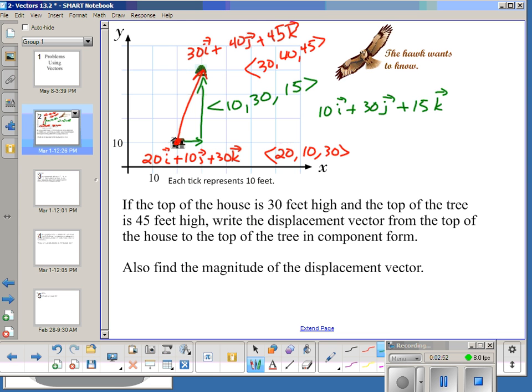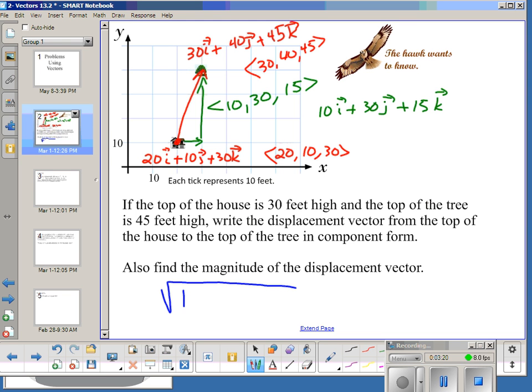Now the second half of the problem is to find the magnitude of the displacement vector. So if this hawk was sitting on top of the house, how far would it fly if it flew in a direct line to the top of the tree? In 3 dimensions, the distance between 2 points is very similar to 2 dimensions, which would give us the Pythagorean theorem with our components, but we just do the Pythagorean theorem on steroids.